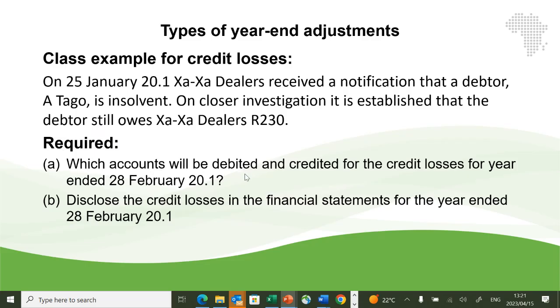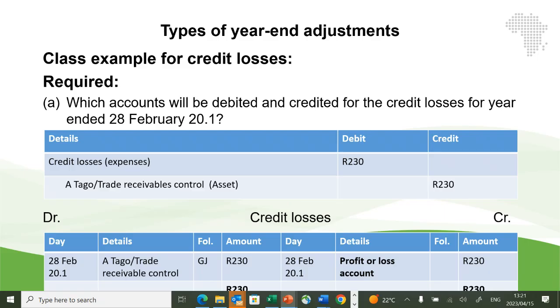Required: which account will be debited and credited for credit losses for the year ended 28 February 20.1, and disclose the credit losses in the financial statements for the year ended 28 February 20.1. So here they're asking which account will be debited and credited for credit losses.